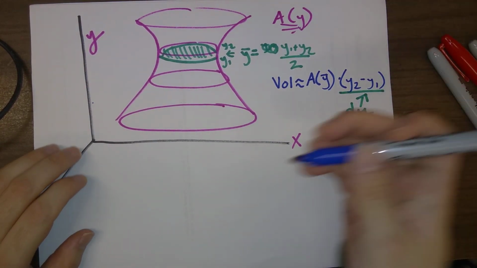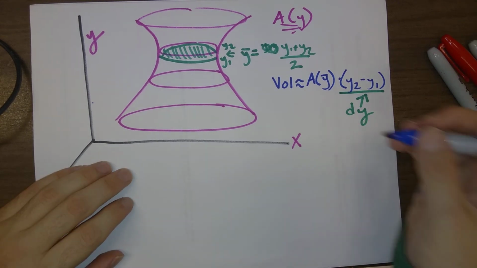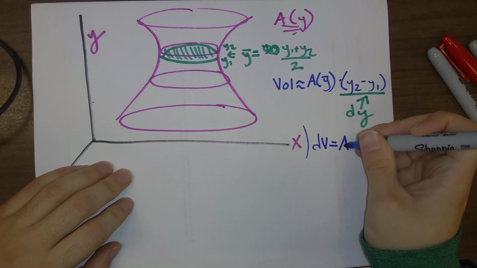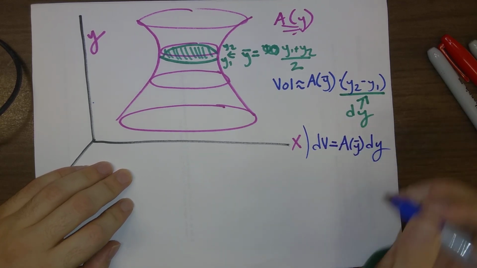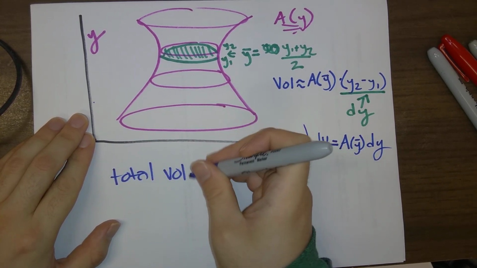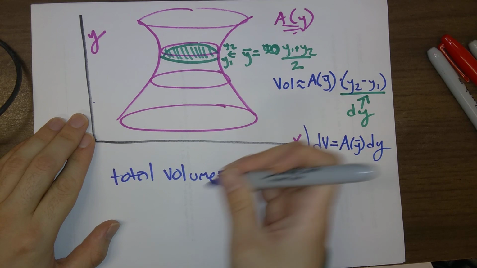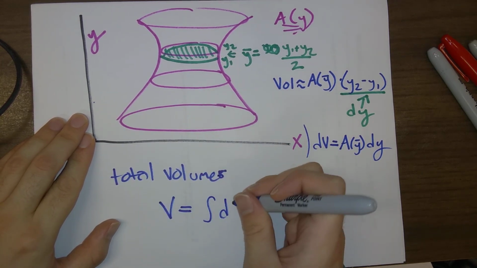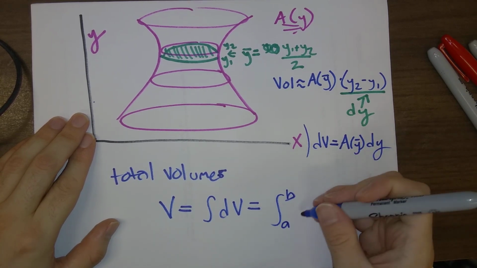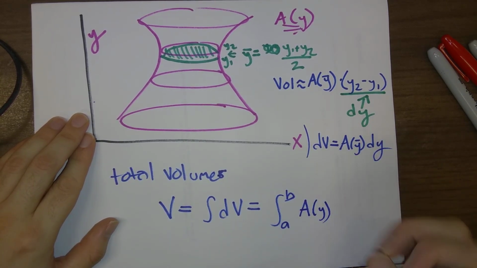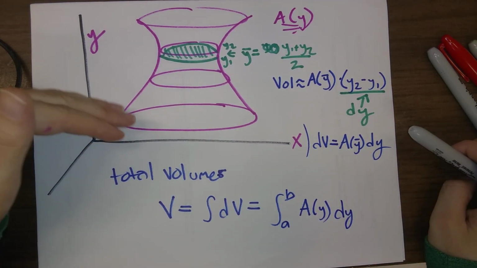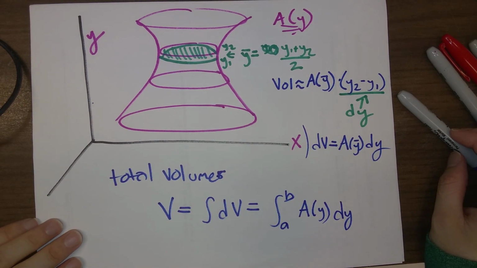And so what we have then is a little chunk of the volume, dV, is A of y bar times dy. And so if we want to find the total volume, we would have V is the integral over dV, and we can rewrite that, replace it with integrating with respect to y, A sub y, I'm replacing y bar with y here. And a and b, that was like the 1 and the 7 I was talking about earlier here.